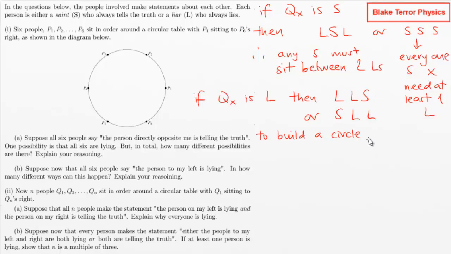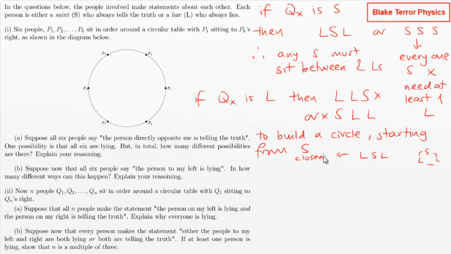Okay, to build a circle, starting from S, then what are we going to get? So we have to have LSL. That is actually an acceptable circle as well, isn't it? Because each L at the end is between an L and an S. So you could put that into a loop of LSL, and that would be fine. So that is closable.